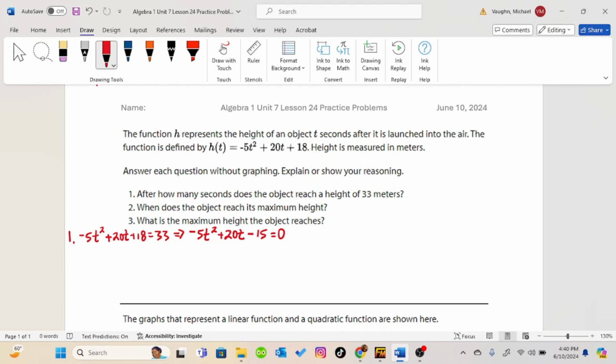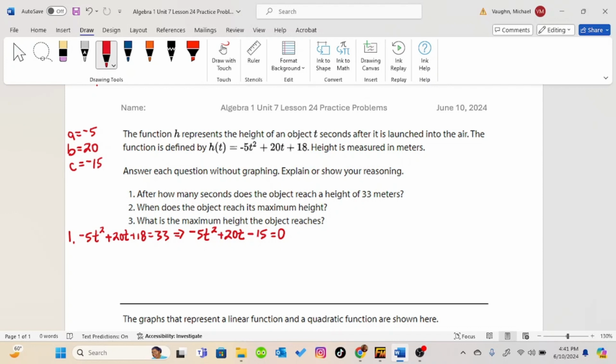Now that we have a standard form quadratic function equal to 0, we can identify a, b, and c. A equals negative 5, b equals 20, and c equals negative 15.